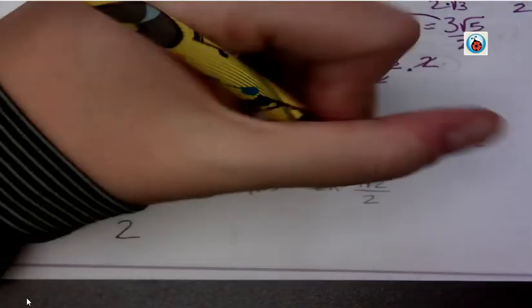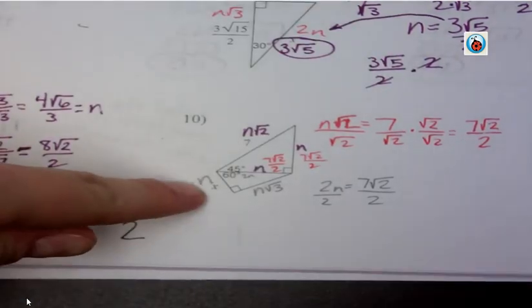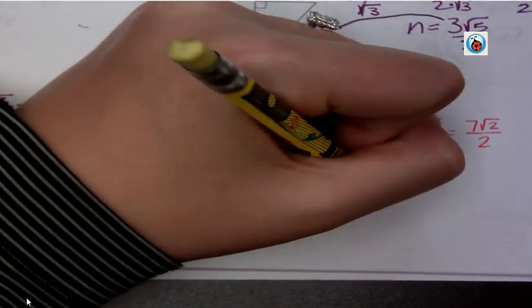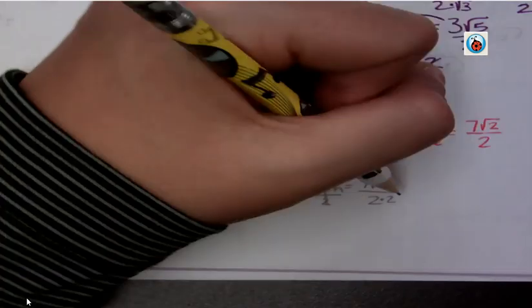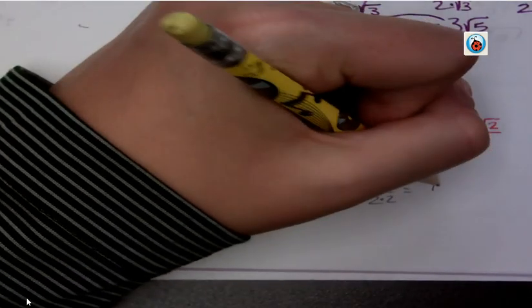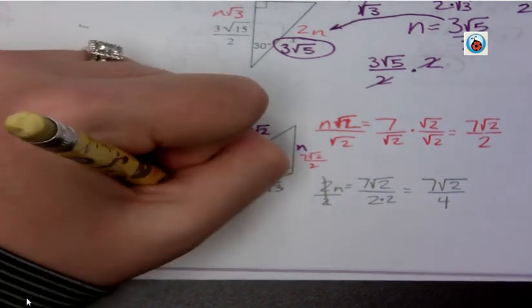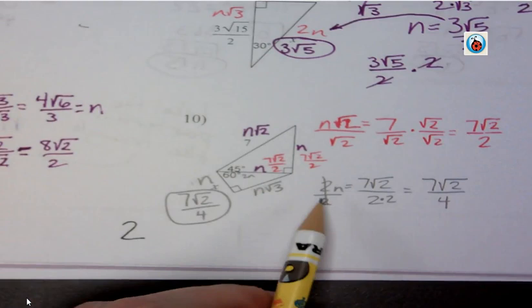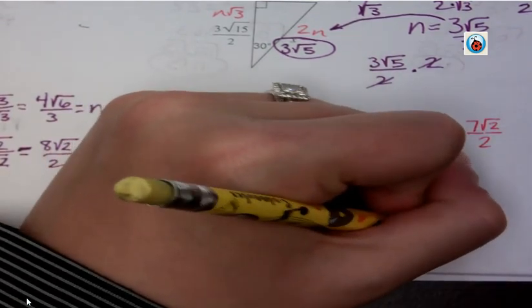Okay, so all we have to do is solve for n, and then we're done because that's the side that we're looking for. So we want to divide by 2, which this 2 is in the denominator, so just multiply it by the 2 in the denominator. So instead of dividing by 2, we're now dividing by 4, and that is what our n equals. So that's the number we're looking for.